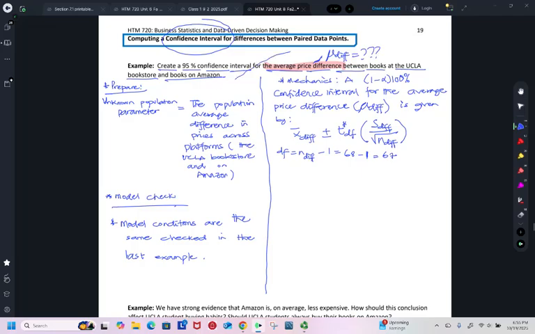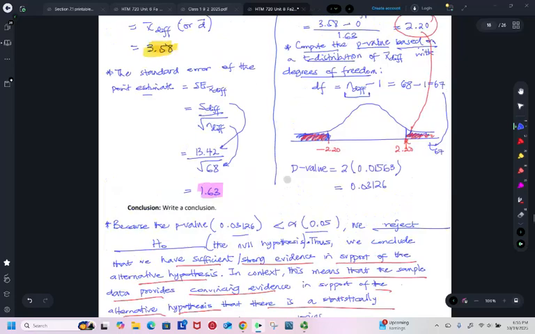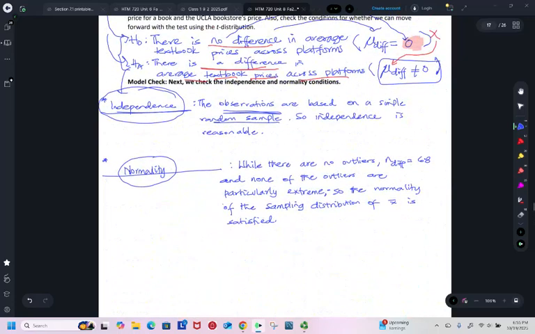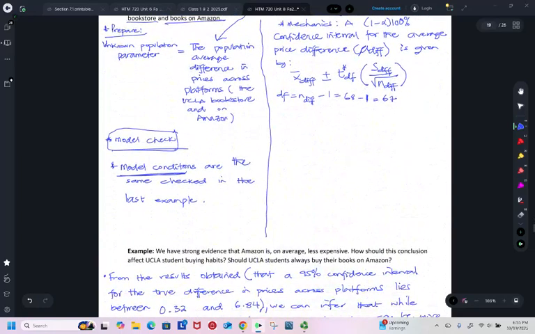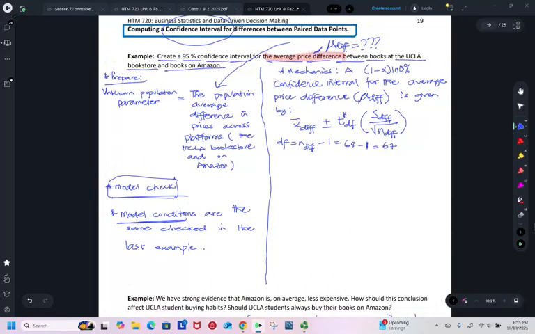And so that is the population average difference in prices across platforms. The next step would be to do the model check. And the model check will have the same model conditions that we checked earlier when we were conducting a hypothesis test. With that said, we go on to the mechanics.